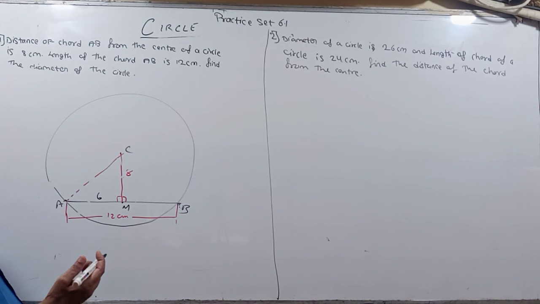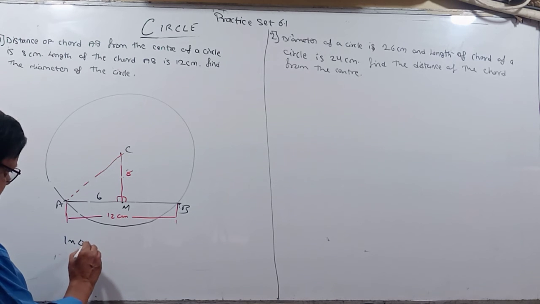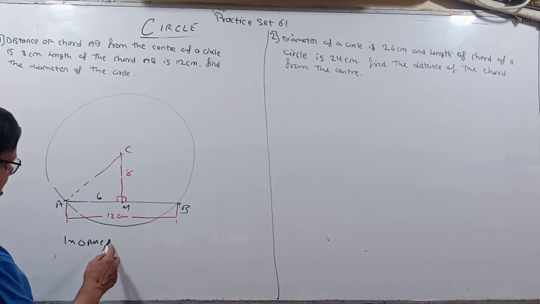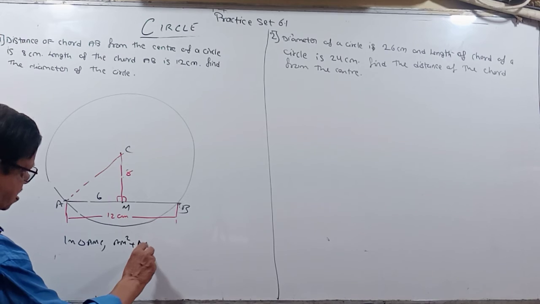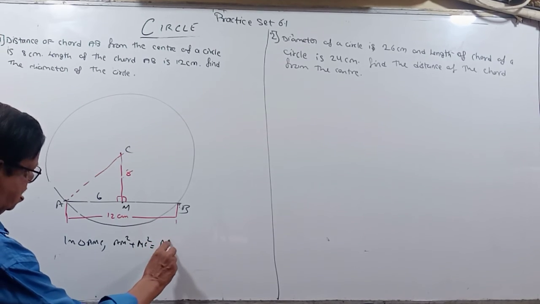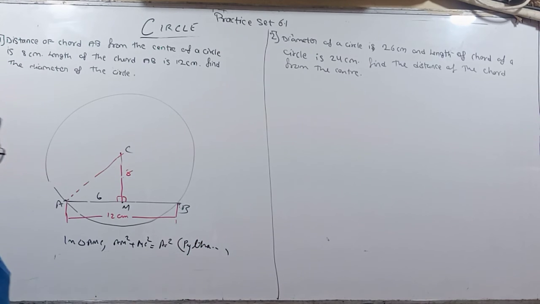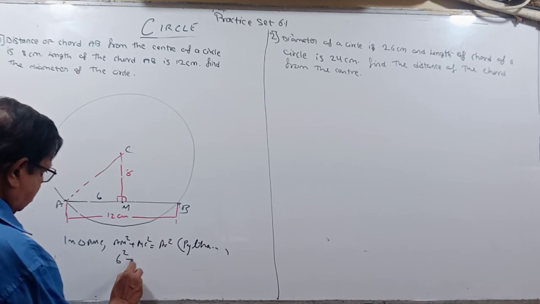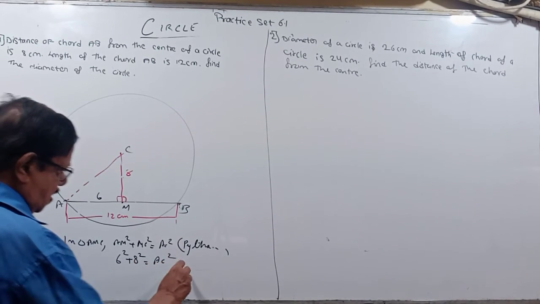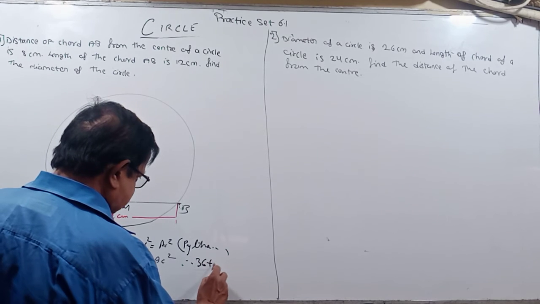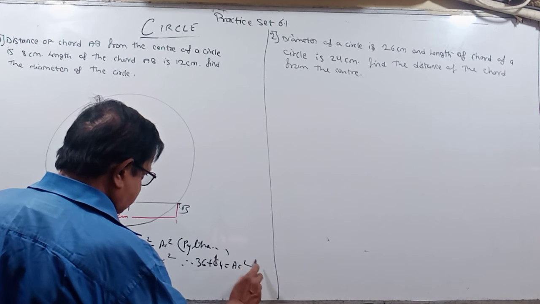Now the Pythagoras theorem. See, in triangle AMC, AM square plus MC square equals AC square. AM square is 6 square plus 8 square equals AC square. Therefore, 36 plus 64 equals AC square.